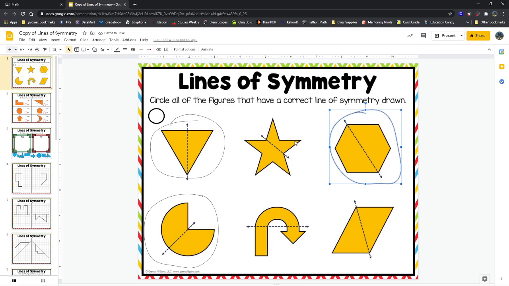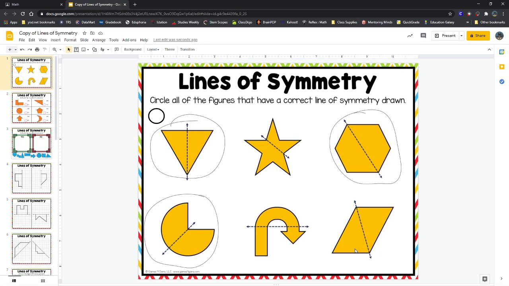That shape has the correct line of symmetry. Again, if I look at both sides of that shape, both sides are congruent. Same size, same shape. Not a big and a small. There's not a square and a rectangle. Same thing.